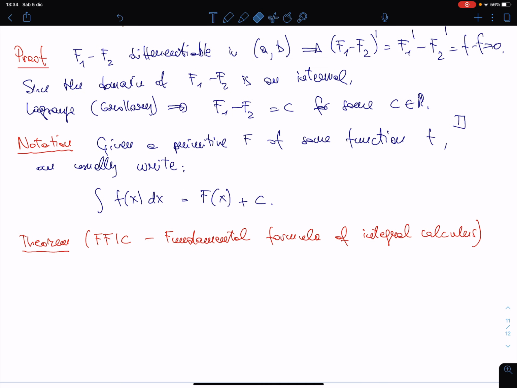That says the following fact. You have a function f from [a,b] to R, which is continuous on the whole closed interval [a,b].